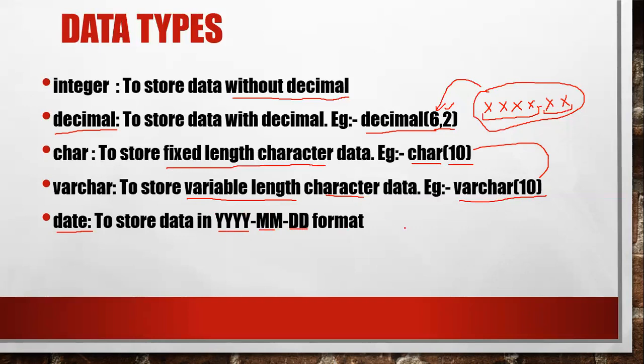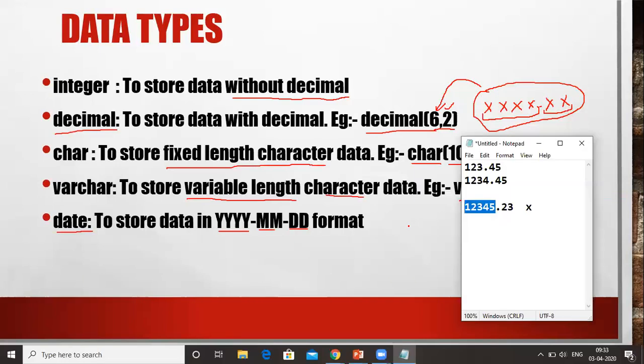Suppose I want to store today's date: 2020 is the year, dash, month is 04, dash, and the date is 03. So it's 3rd April 2020. This is the pattern for storing. If I want to store a date, you have to follow this pattern: first the year, then month, then date.